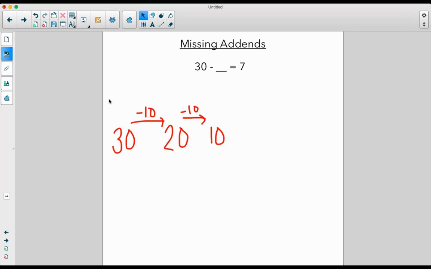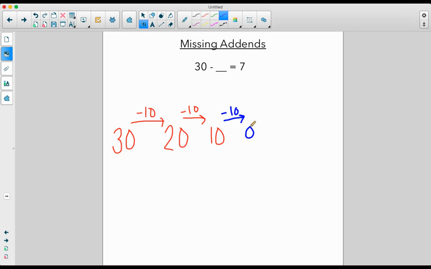Now, here's where there's two ways to go from here. And I'm going to show you both ways. The first way is to say, okay, I'm at 10. Well, let's see. If I took away 10 more, that would bring me to 0.